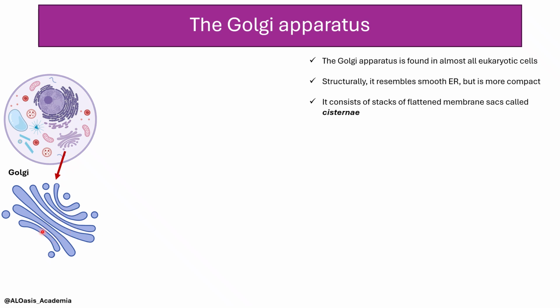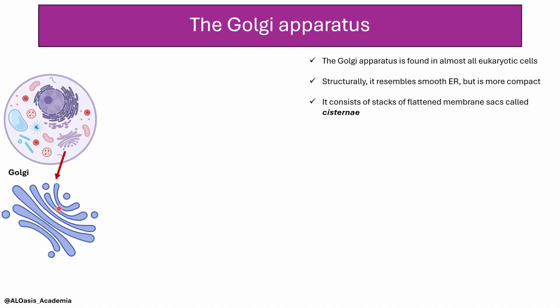Structurally, they are very similar to the smooth ER. If you remember when we showed the schematic of smooth ER, it has these flattened sacs. However, they are smooth. They don't have these small circles attached to the outer membrane, so they don't look like the rough ER. They look like the smooth ER.